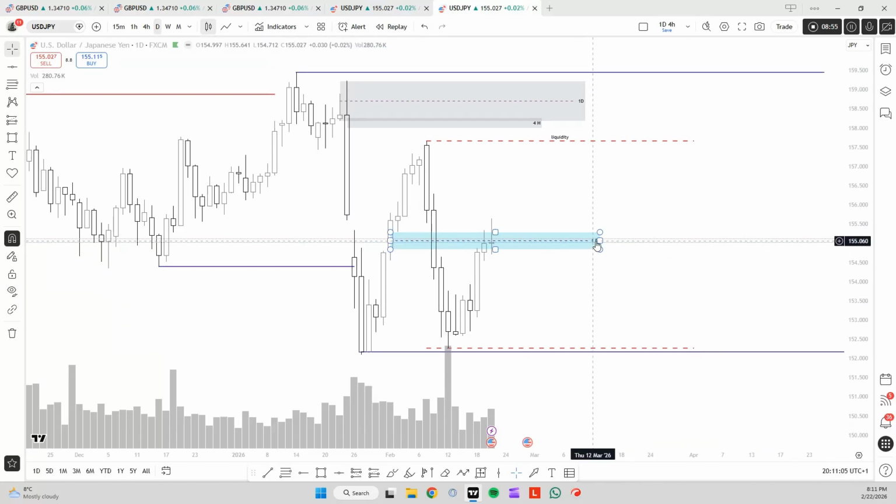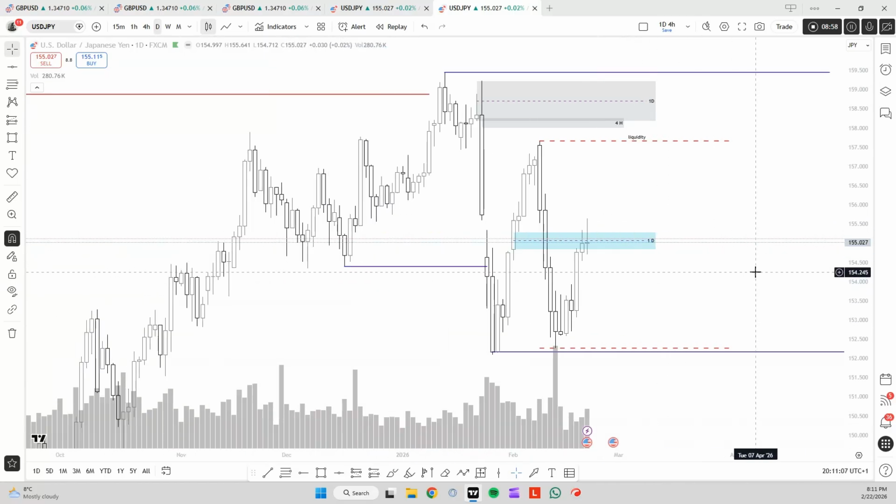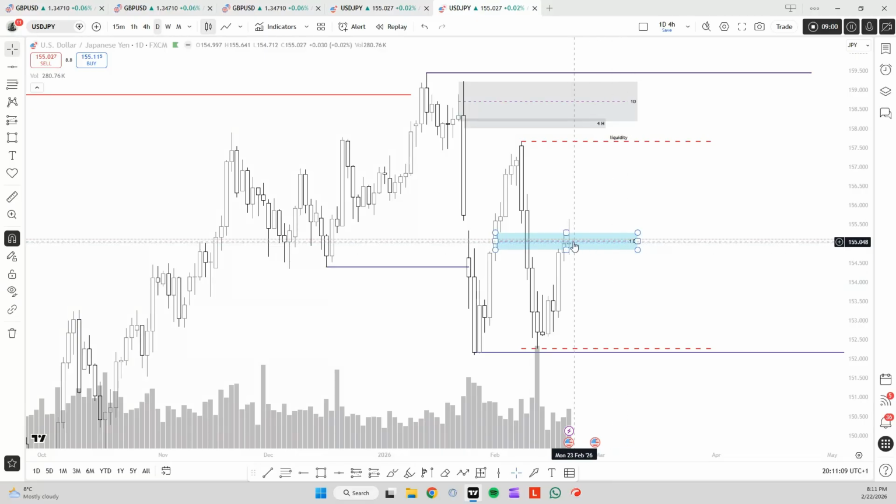So this is a strong level for me, where I wait for the price to see what it's going to do from here, but I'm leaning a little bit bullish. If the price breaks through the level and then gets a retest, then I will go bullish and target this high.